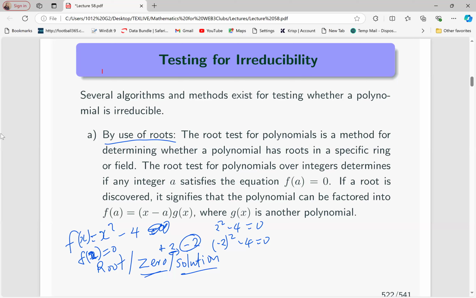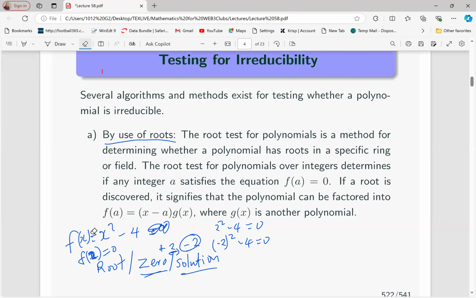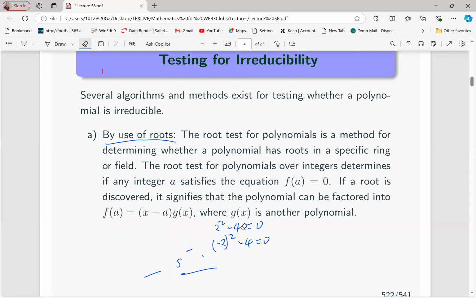One technique may tell you it's irreducible, and when you apply another technique, it tells you otherwise. So we'll look for the best technique that will tell us this one is reducible and this one is irreducible, so that when you say this one is reducible, you say it with finality. Now, for root tests, we just want to check if that polynomial has roots in that field.